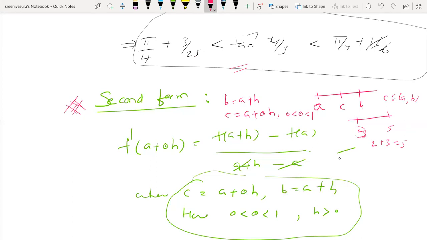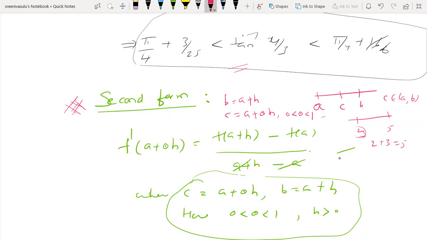But as per definition, c is not equal to b, so we avoid 1. Similarly, c is not equal to a. If you put θ = 0, we get c equal to a, but c is not equal to a. Therefore, take 0 strictly less than θ strictly less than 1.